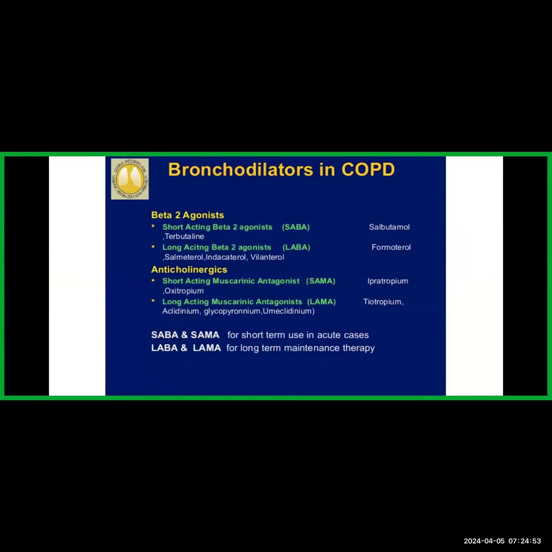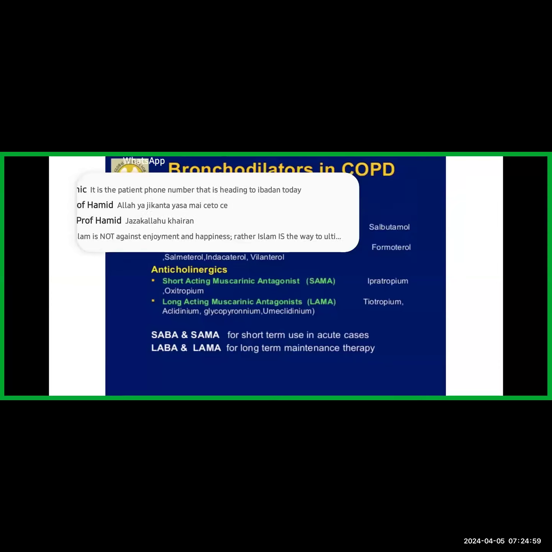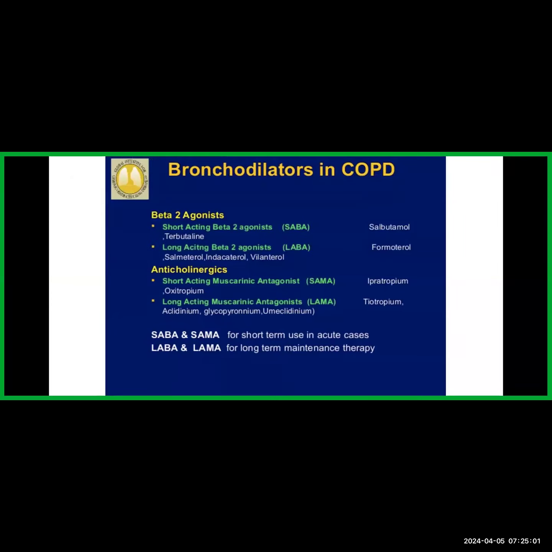The treatment, as against asthma, is usually bronchodilator therapy. Unlike asthma, steroids are not top on the list. So we can use beta-2 agonists or anticholinergics, as they are known to be bronchodilators, and they are grouped into short-acting and long-acting. Short-acting ones are usually relievers; they quickly relieve symptoms, while the long-acting ones are for prevention.